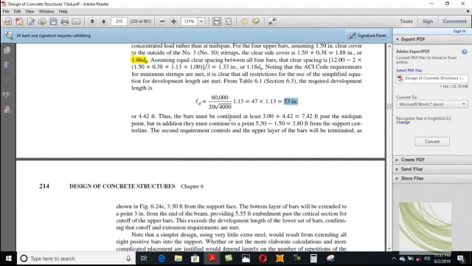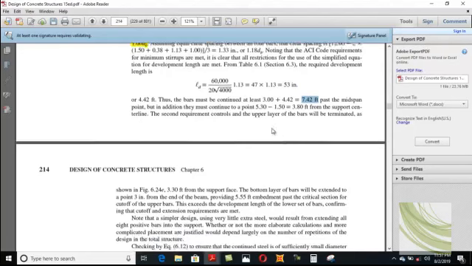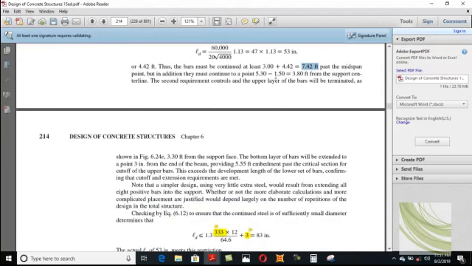Thus the bars must be continued at least 7.42 foot past the midspan point. But in addition, they must continue to a point 5.30, the theoretical cutoff point, minus 1.50, the 12 db, okay, that is 3.80 foot from the support center line.